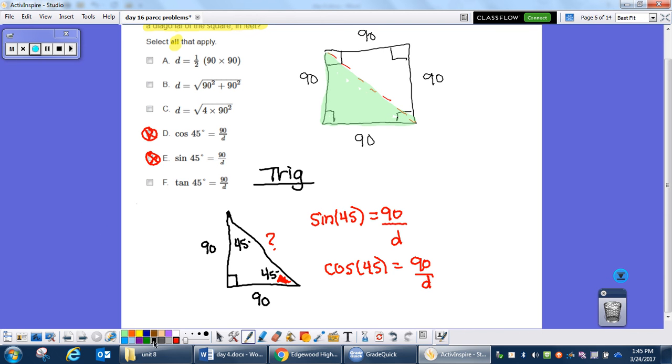And then you can also do this using Pythagorean theorem. Okay, it is a right triangle. So Pythagorean theorem is the 1st flap on your foldable.